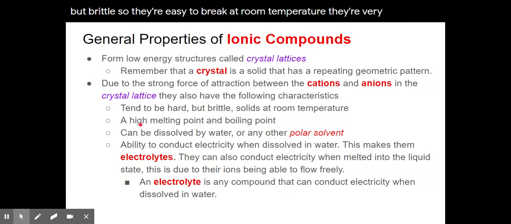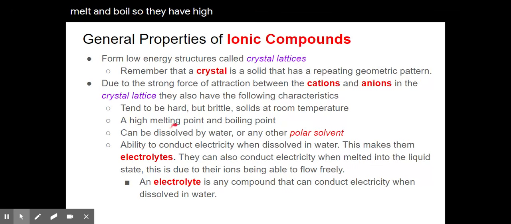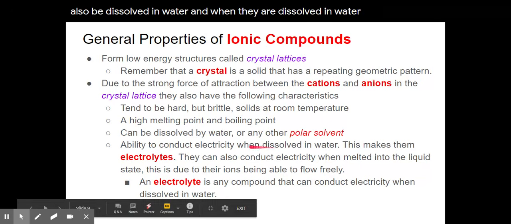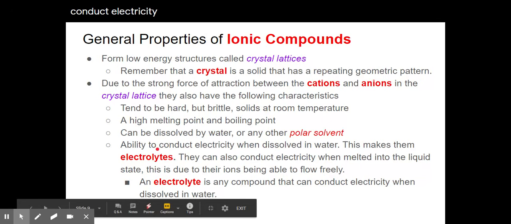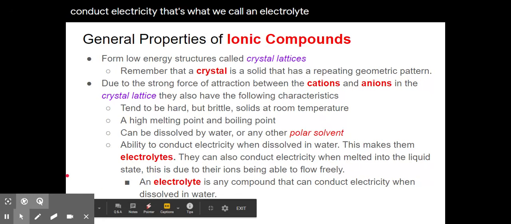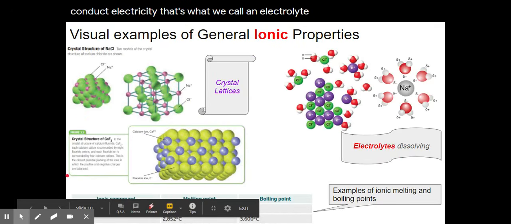They're very hard to melt and boil, so they have high melting and boiling points. But usually they can also be dissolved in water. And when they are dissolved in water, they can conduct electricity. That's what we call an electrolyte. And here's just some visual examples of the different properties of ionic compounds.